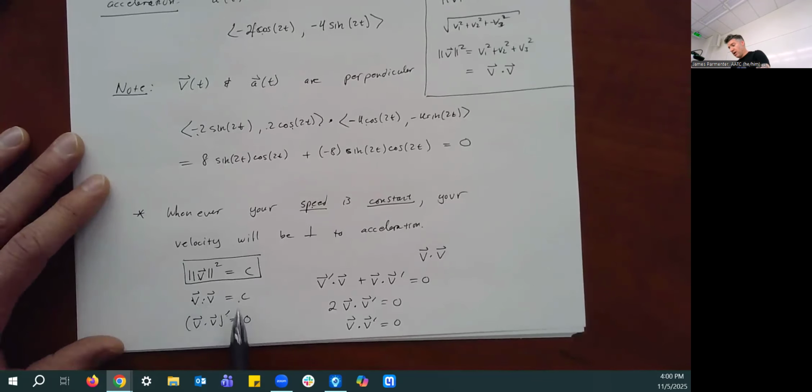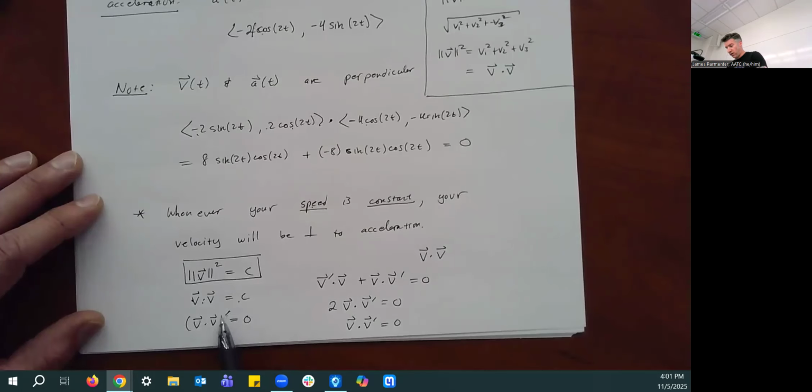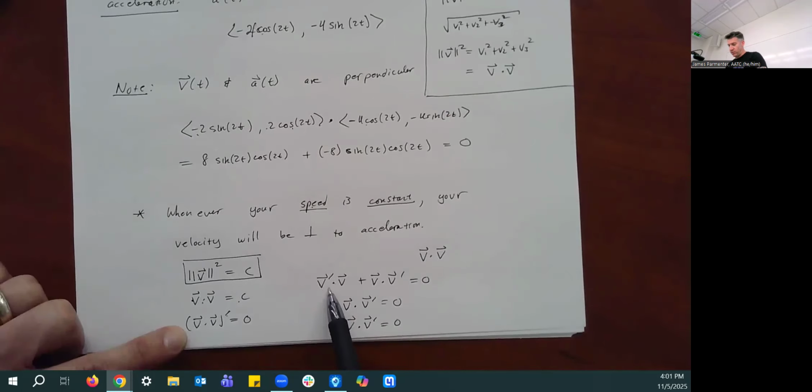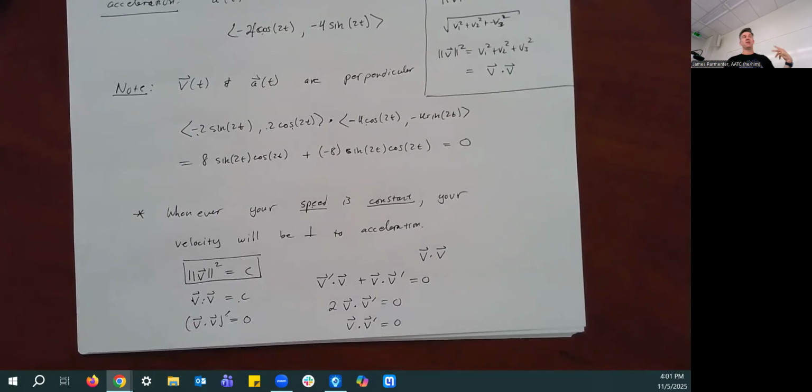And then the rest of this follows pretty nicely. V dot v is equal to c. The product rule for the dot product does work. It is what you think it would be. You get your derivative times your not derivative plus your not derivative times your derivative. They're the same. Divide by 2. And you've got the dot product of the velocity and its derivative, which is the acceleration, has to equal 0.